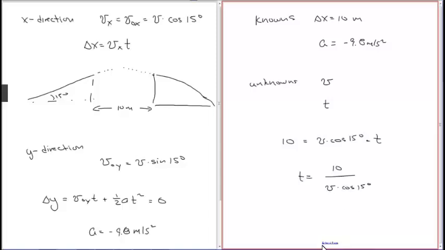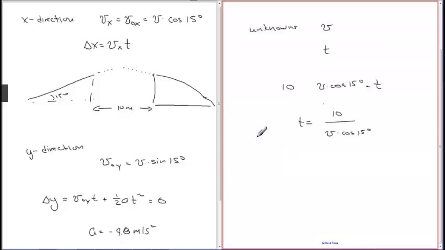Second equation, this is this one. Delta y is 0. v0y is v times the sine of 15 degrees. So that's v0y times time plus 1/2 a, I'm going to leave this as a right now until we solve everything, times t squared. So I can then substitute in for t here.